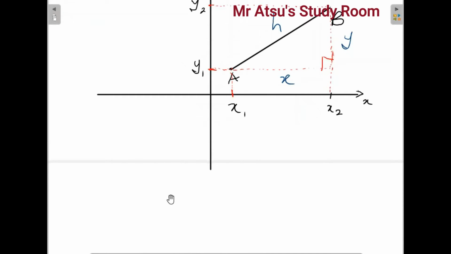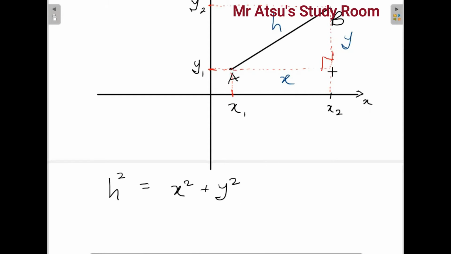And then by Pythagoras theorem, whenever you take any right angled triangle, the square of the hypotenuse should be equal to the sum of squares of the other two sides. That is, h squared will be equal to x squared plus y squared.